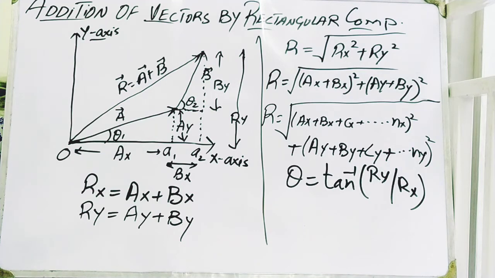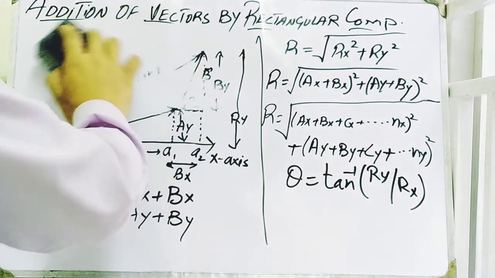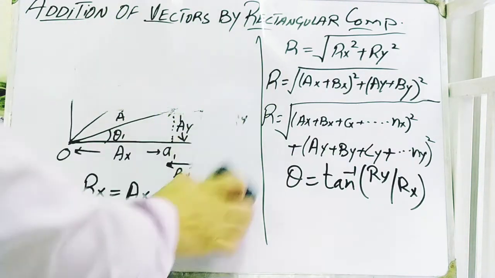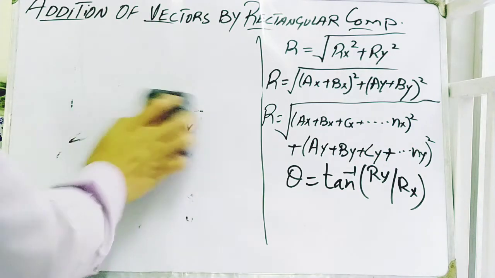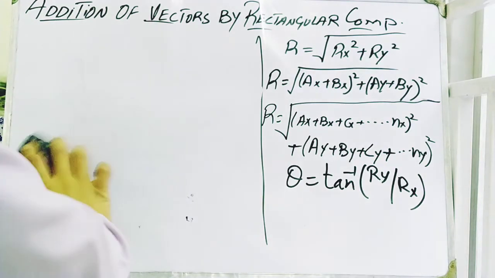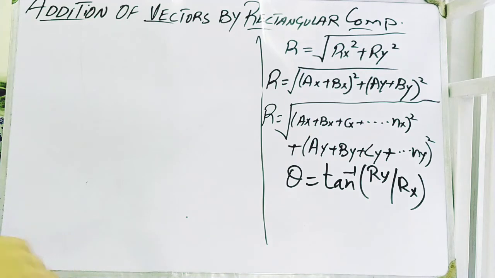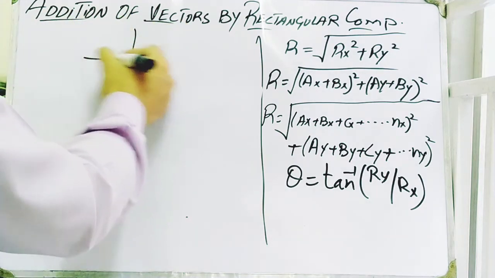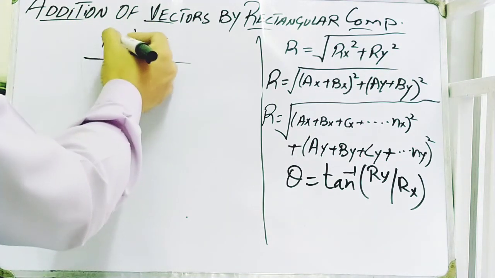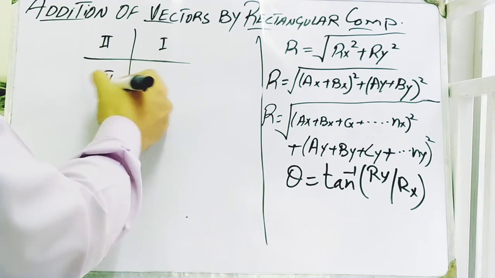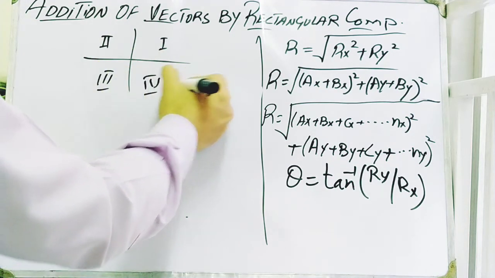So I am going to represent the basic scenario for the quadrant method. There are 4 quadrants in Cartesian coordinates, which can be explained by this: these are the 4 quadrants, first, second, third, and fourth.